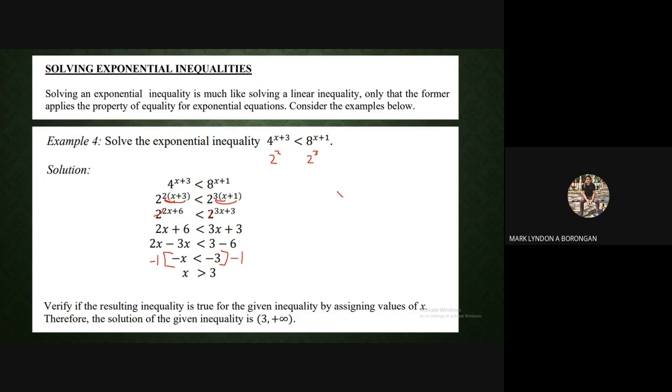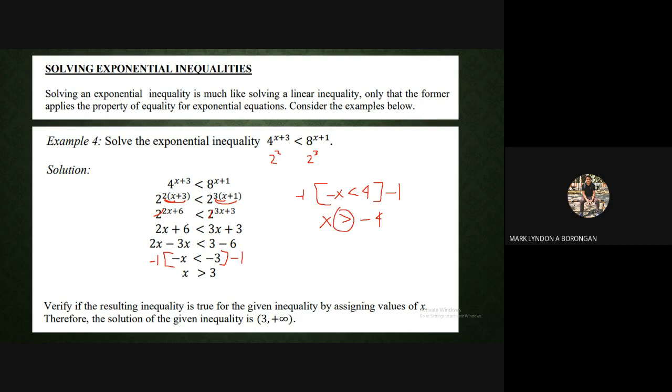So if you have negative x is less than 4 and you multiply it by negative 1, it becomes x is greater than negative 4. The sign is reversed if you multiply by a negative.